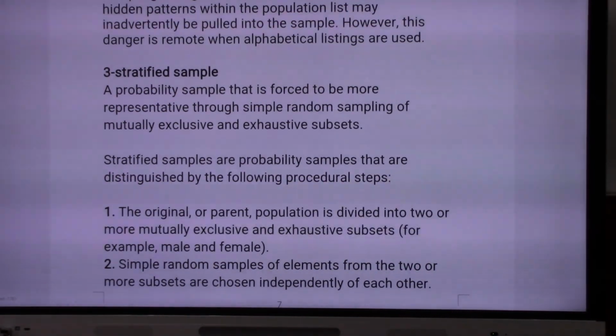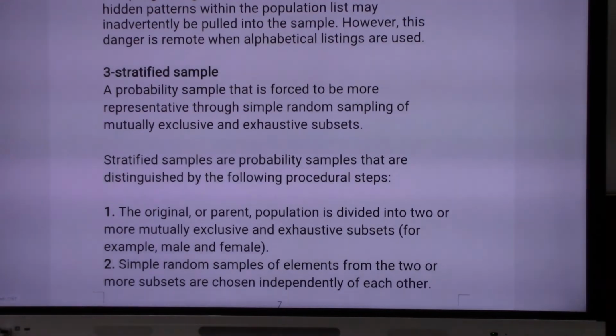Again, under the stratified sampling method, we can divide our population into groups and select the sampling units randomly from each group, from the males randomly and from the females randomly.